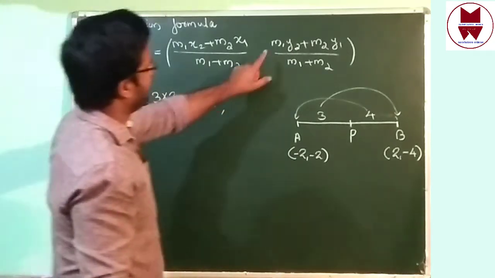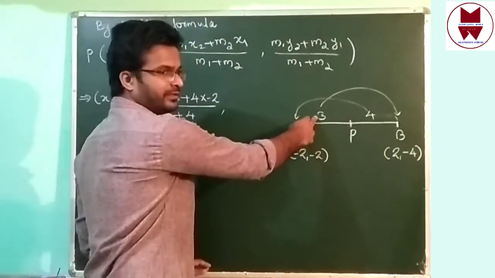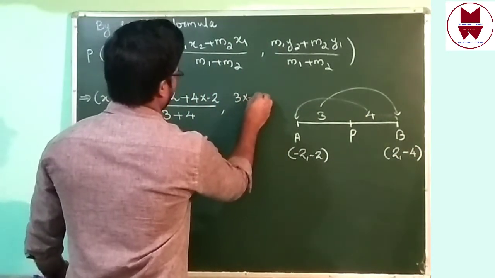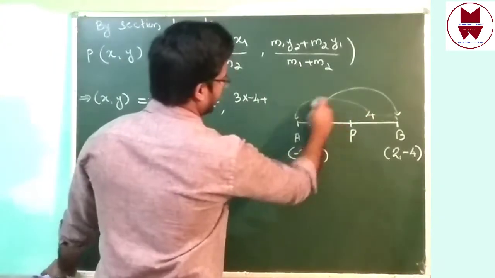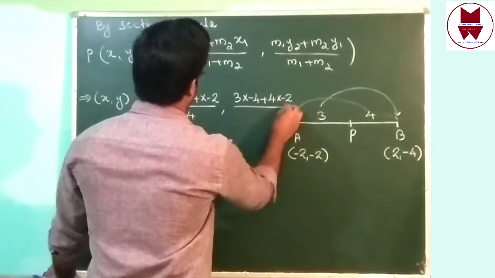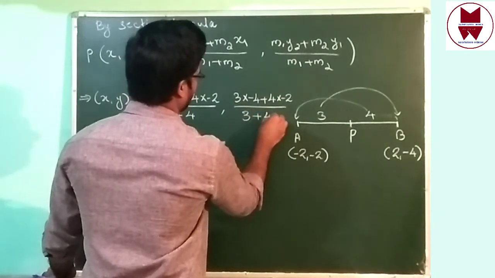Then next M1 Y2. M1 is 3 into minus 4, plus 4 into minus 2, divided by 3 plus 4.